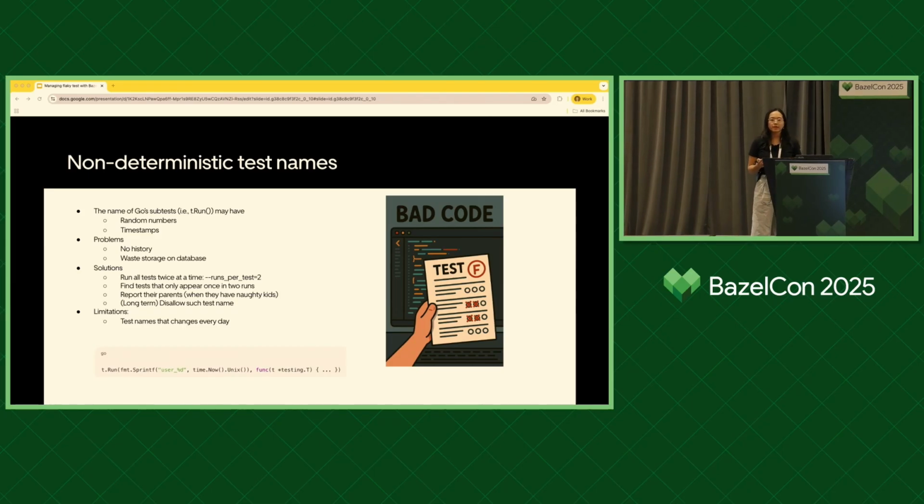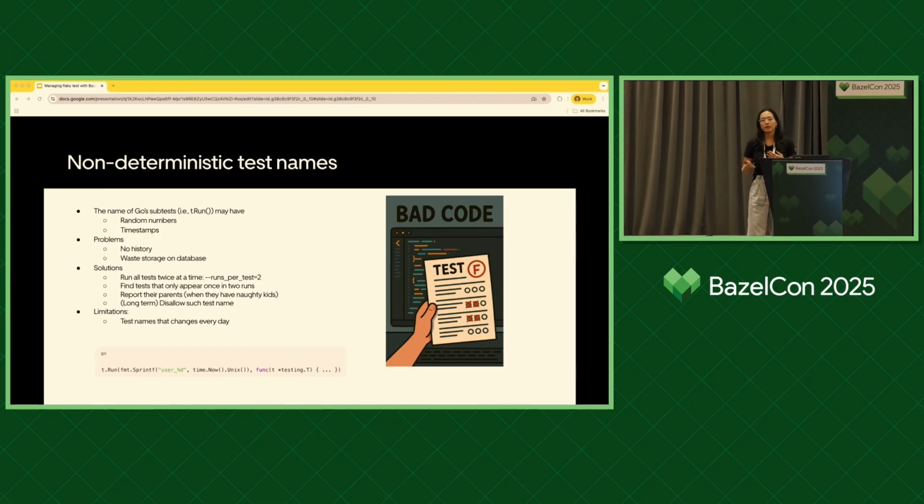And it can cause storage bloat to our flaky test detection service because we're just sending new test results with a new test name every time. So we want to avoid sending these test results to the service.